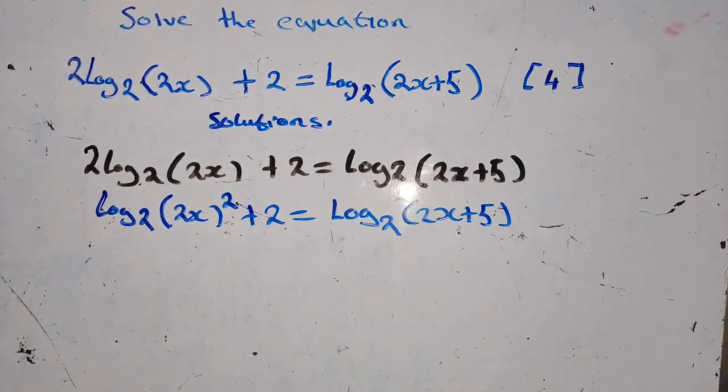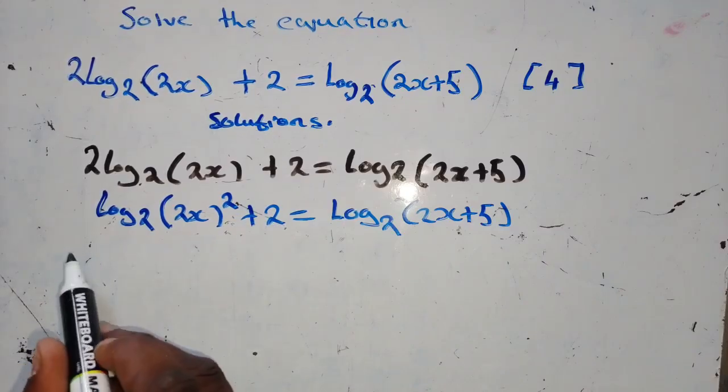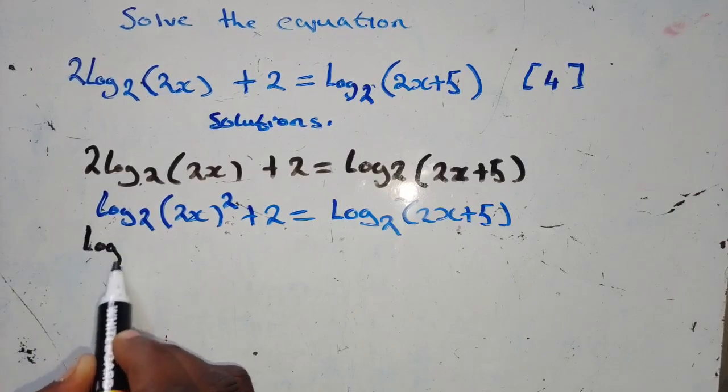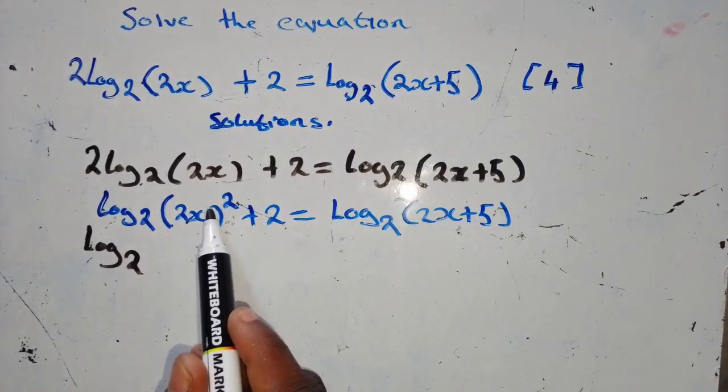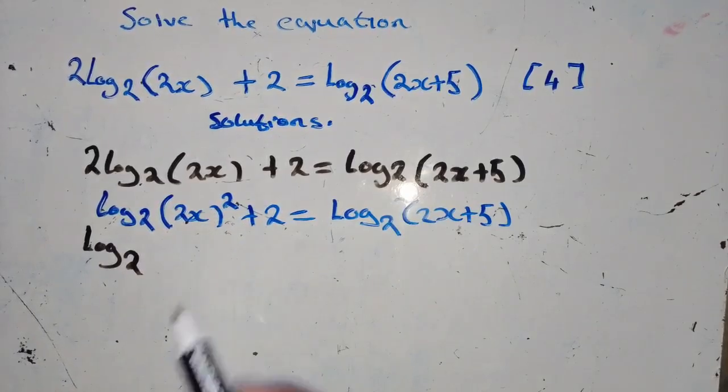This log₂(2x + 5) will come to this side and this 2 will go to that side. So we have log₂, and this (2x) to the power 2 is 4x squared, which simply means 2x squared, and it will give us 4x squared.